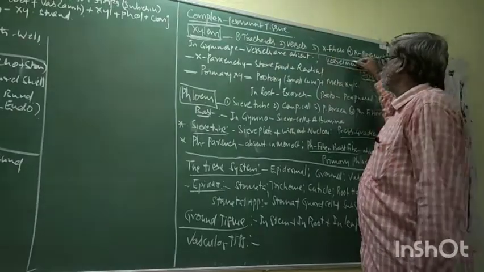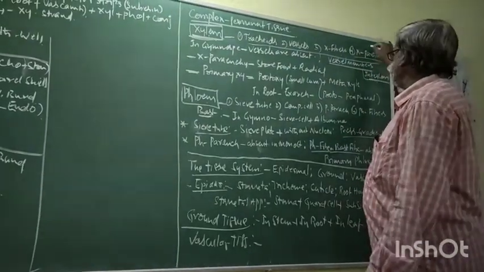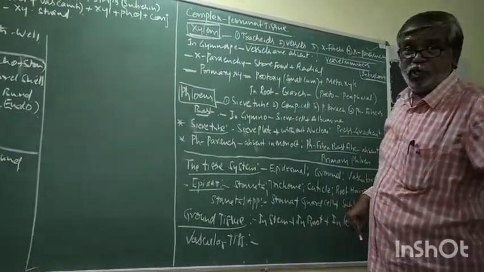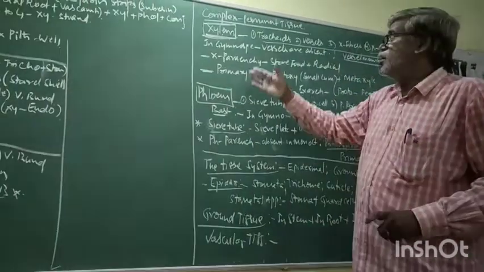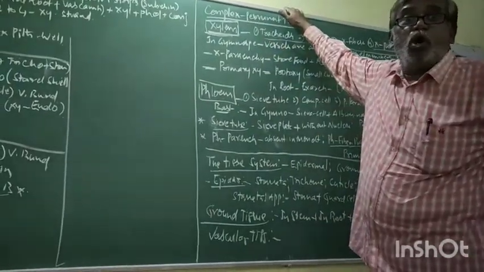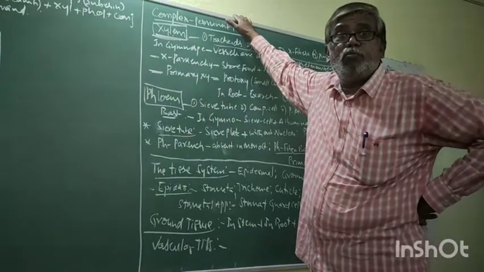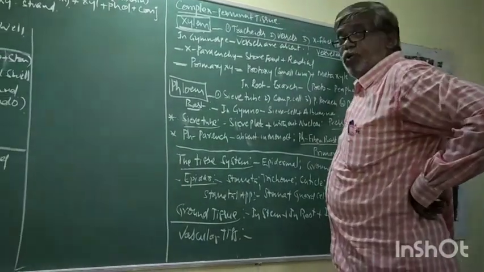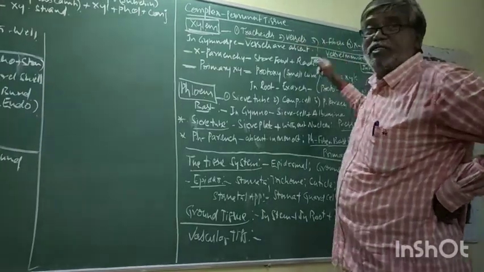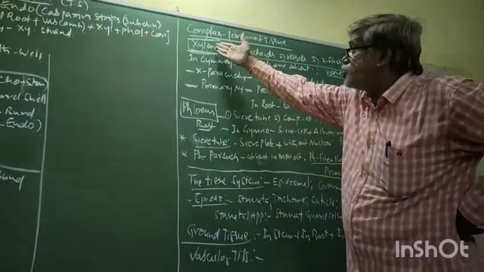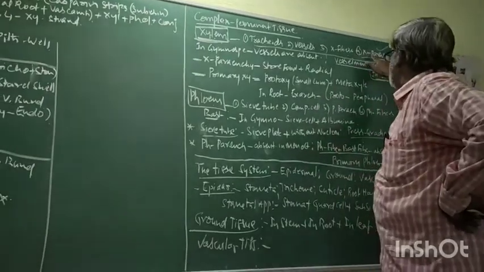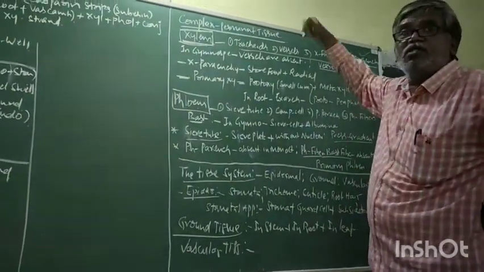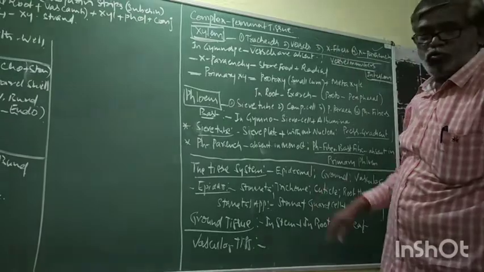Among these four, only xylem parenchyma is living. The remaining three are dead. Majority, 75% of xylem, is made of dead cells, hence it is a dead water conducting tissue.